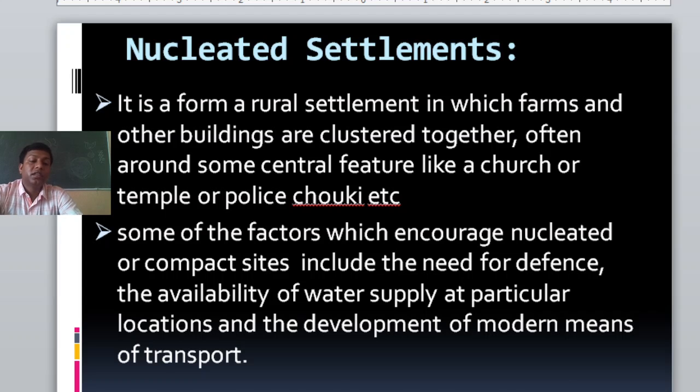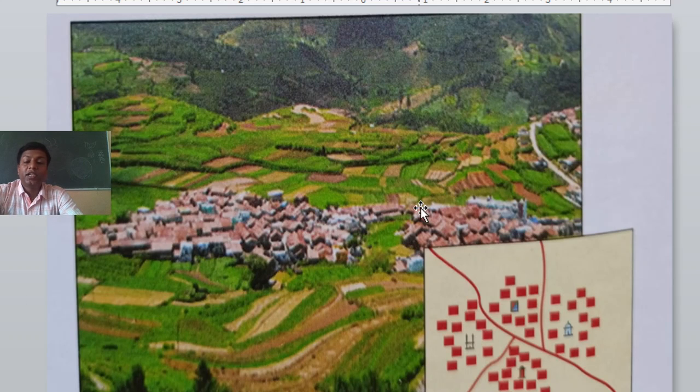Look at this. This is the nucleated pattern. Look at this area, the houses are nucleated, that means together, binding together like that.